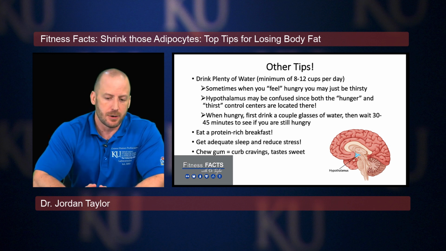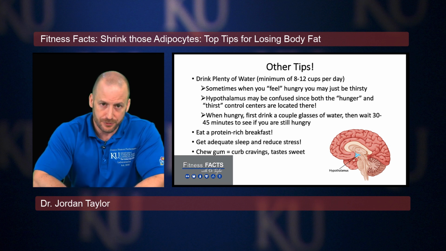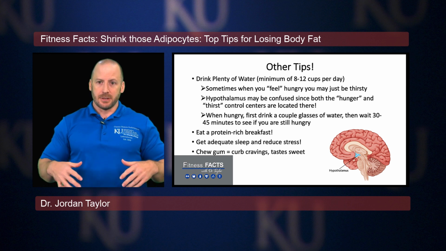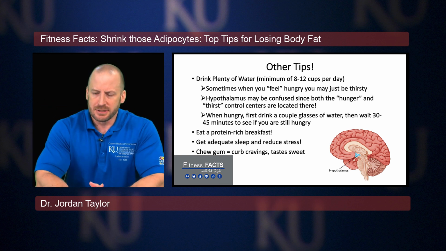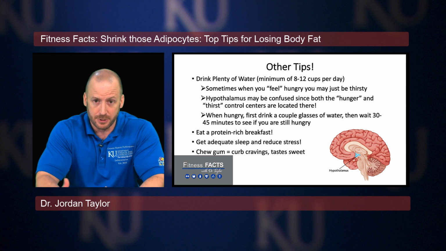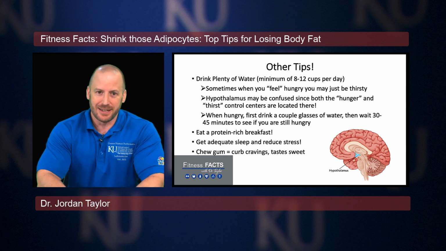So I always used to recommend to my clients when I was a trainer, if you're feeling hungry, drink a couple glasses of water, then wait 30 to 45 minutes so you get that water absorbed. It's going to get into the bloodstream, circulate around. Then the hypothalamus says, oh, I just thought this person was hungry. I guess they were dehydrated. Now that they're fully hydrated and have plenty of water, some of those hunger pains and that hunger signal may subside.